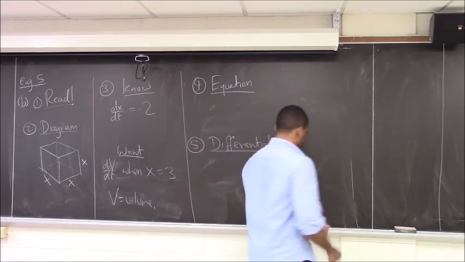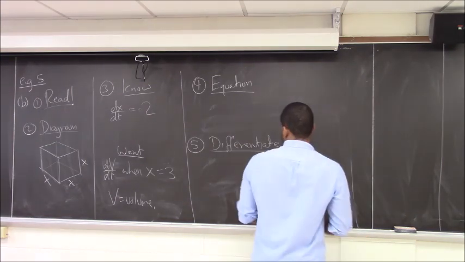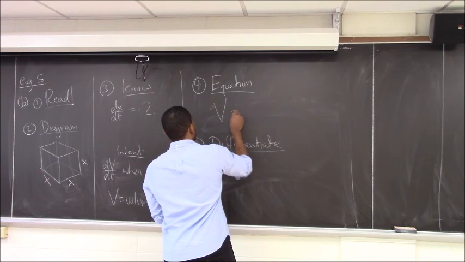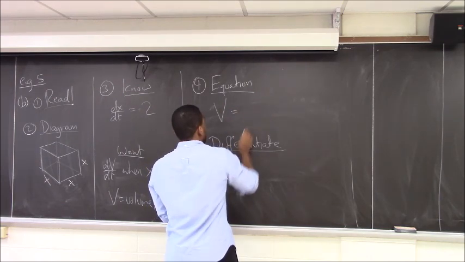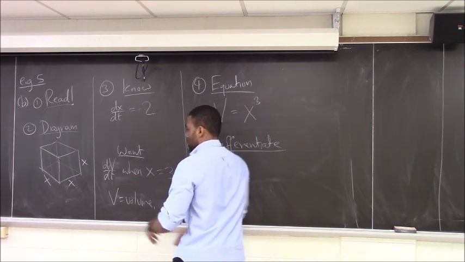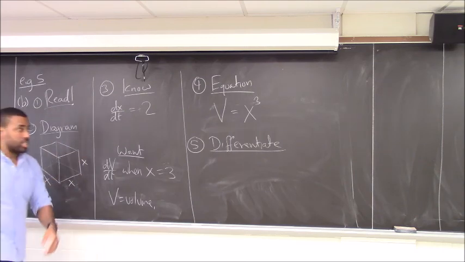Equation? V equals what? x squared. Wait, no, V, x cubed. x cubed, right? Because it's a box, the volume of a box is length times width times height. So it's x times x times x, so it's actually x cubed.